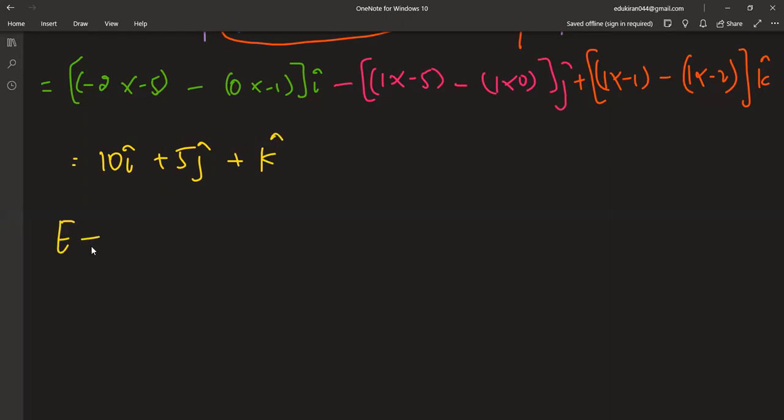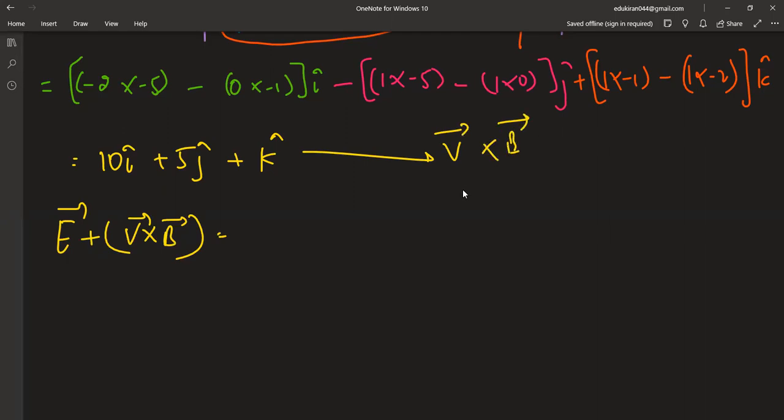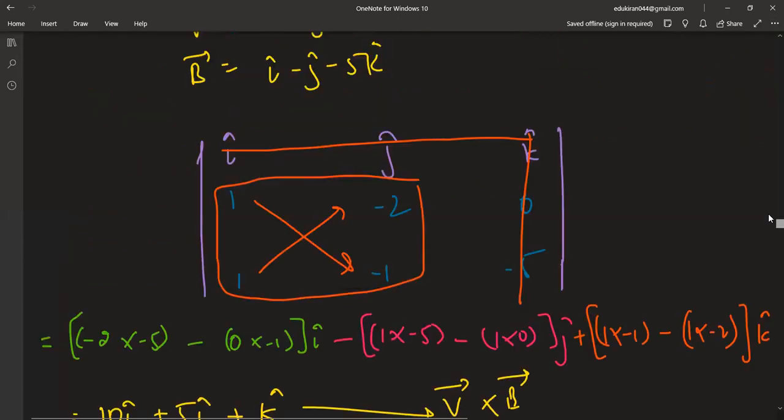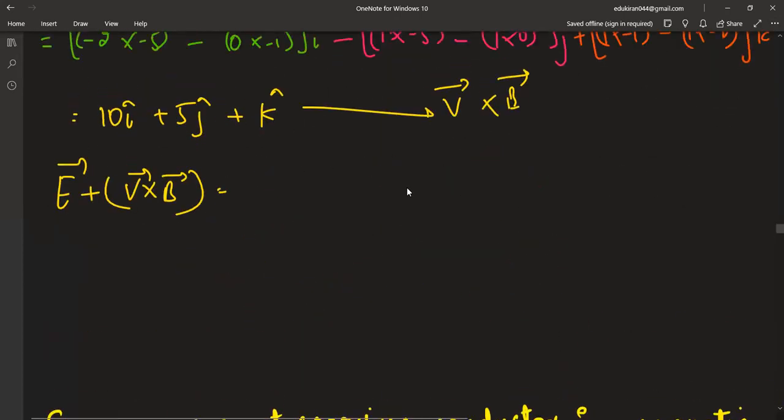Now what you have to do? You have to do E plus V cross B. This is simply V cross B that you have obtained. What is the electric field? It's given 2 I cap minus 3 j cap. So 2 I cap minus 3 j cap plus 10 I cap plus 5 j cap plus k cap.